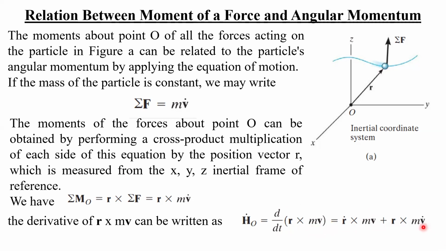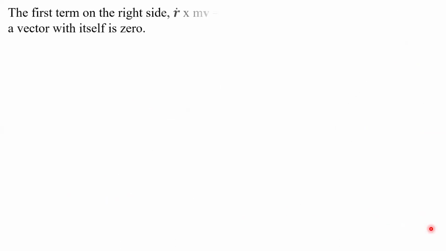So now you keep R constant, M V dot. So the first term is R dot cross MV, where V is velocity, which is the time derivative of displacement. R dot too is velocity.